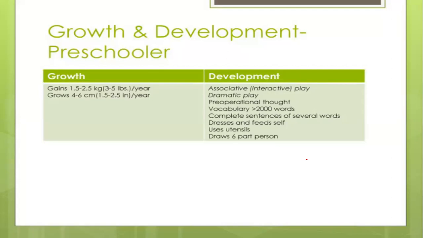Vocabulary has grown a lot. It goes beyond 2,000 words. They can complete sentences of several words, dress and feed him or herself, use utensils, and draw a six-part person.